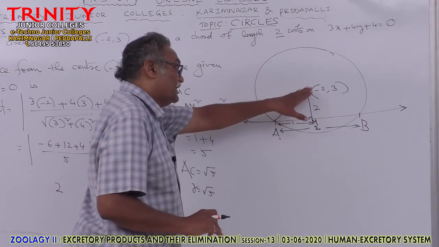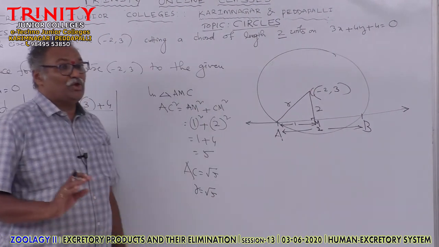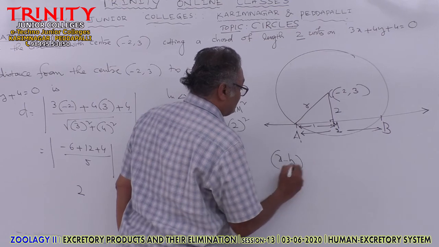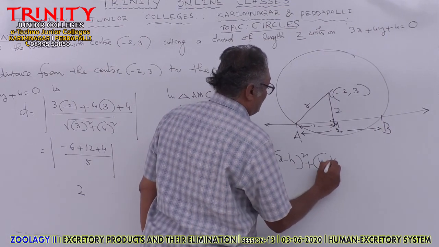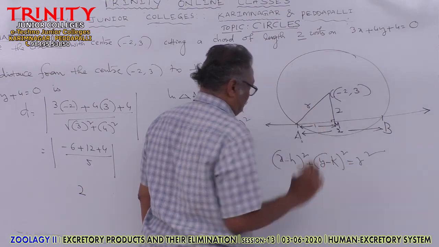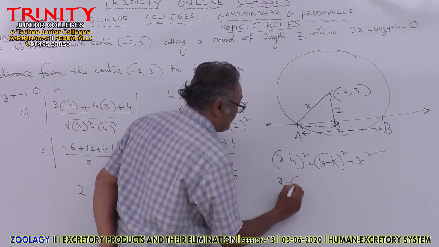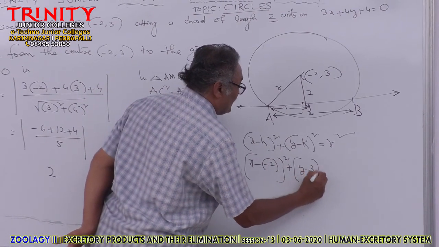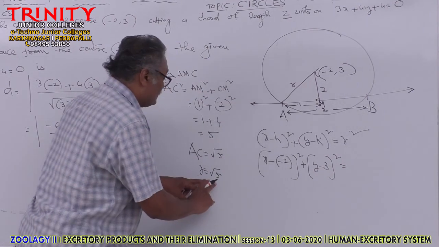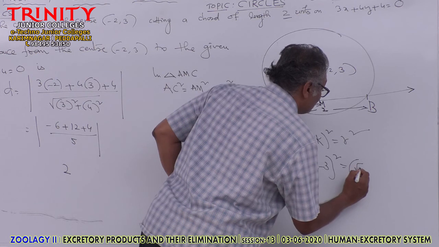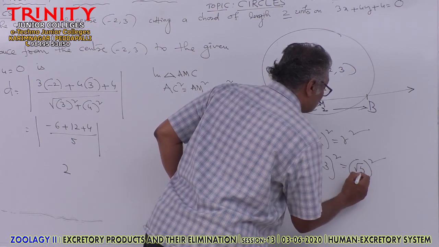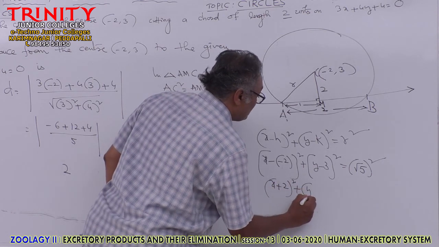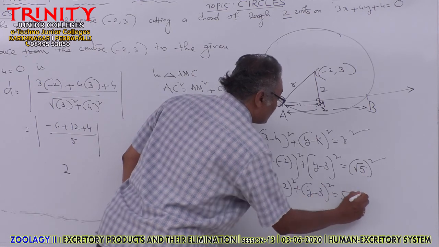Now we have center and radius. Finding the equation of the circle, that is x minus h whole square plus y minus k whole square equals r square. X minus -2 whole square plus y minus 3 whole square. Radius is root 5. X plus 2 whole square plus y minus 3 whole square equals 5.